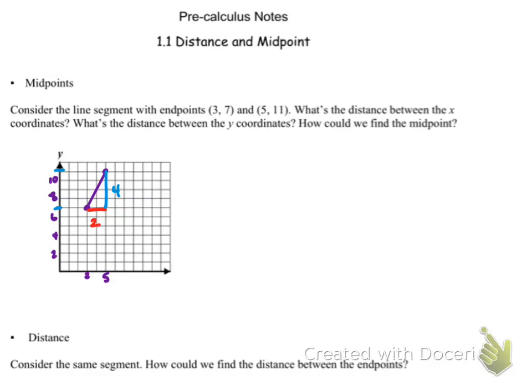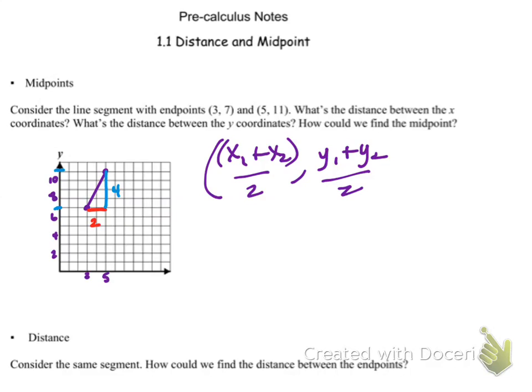Well, then what I'm going to do, if I want to find the midpoint, is average my x values together. So remember our midpoint formula is x1 plus x2 divided by 2, and y1 plus y2 divided by 2.